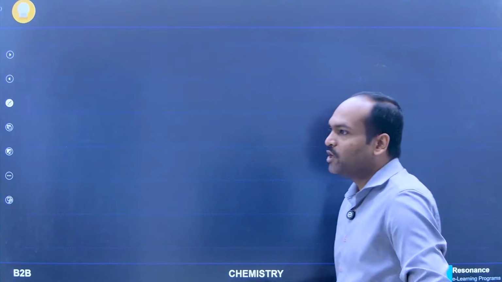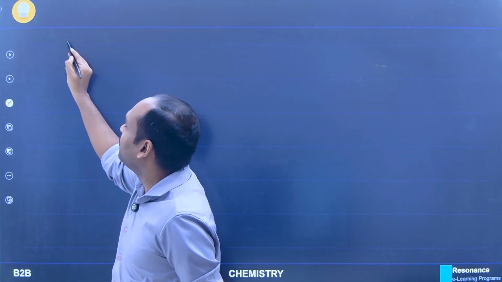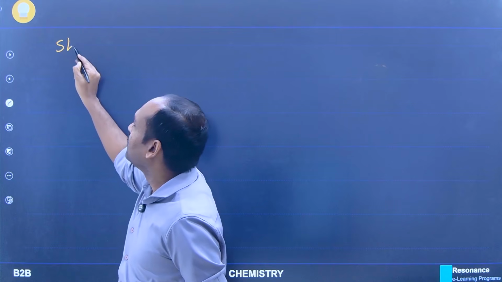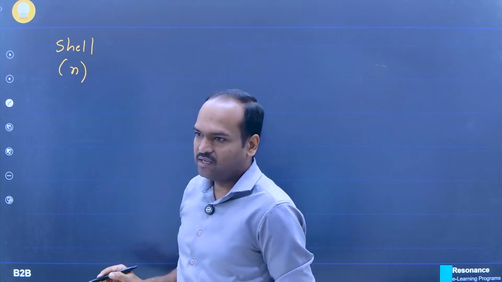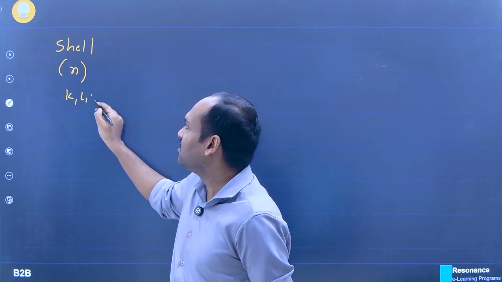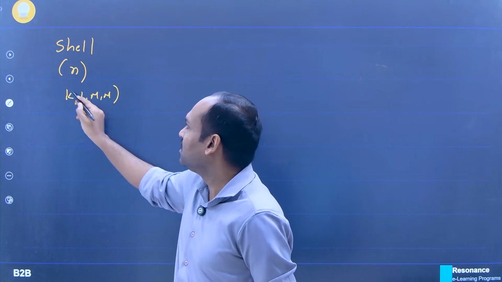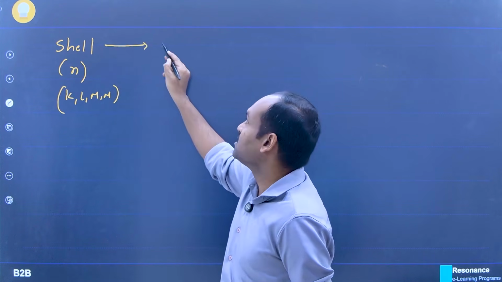Okay. So now I am going to discuss. Suppose we have shell. Shell is represented by n. Which type of shell we have? K shell, L shell, M shell, N shell. In the shell, there are some subshells.